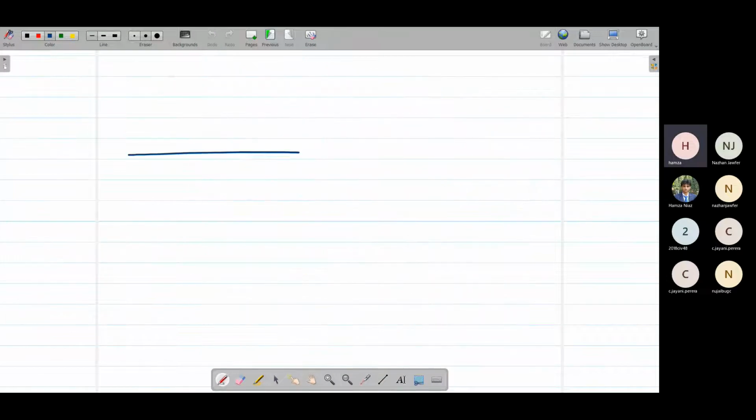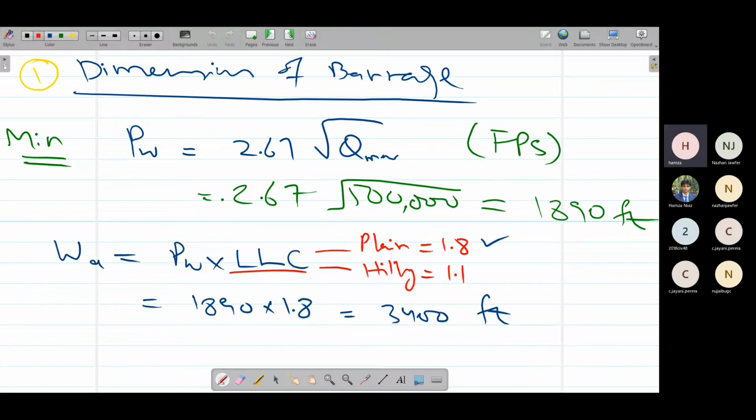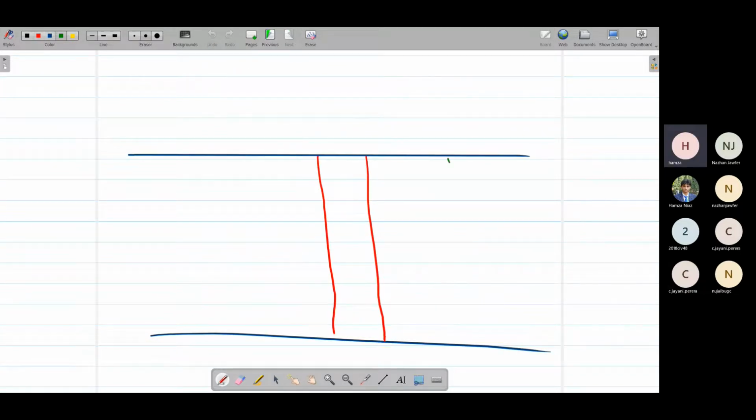So if I draw this, for example, these are the side slopes of our river. So we are constructing a barrage here, like this. We are saying that its width, width between abutments, WA, would be 3,400 feet.